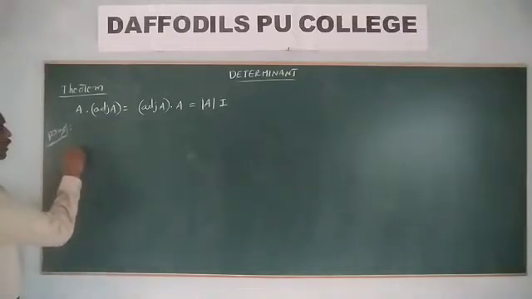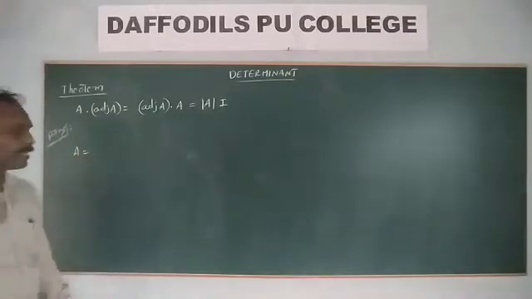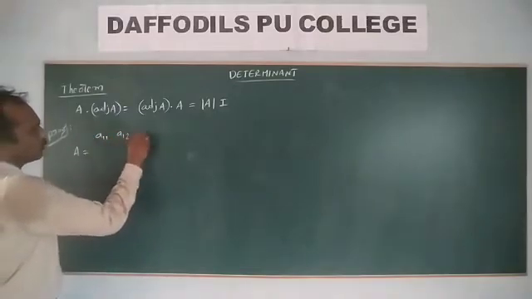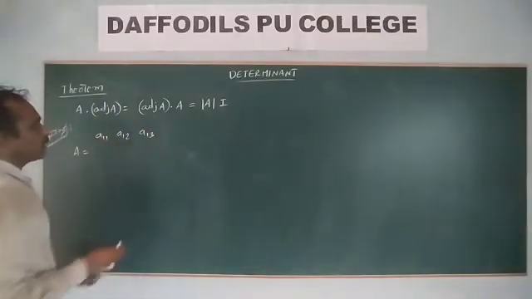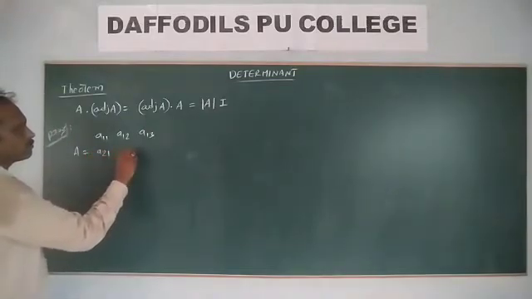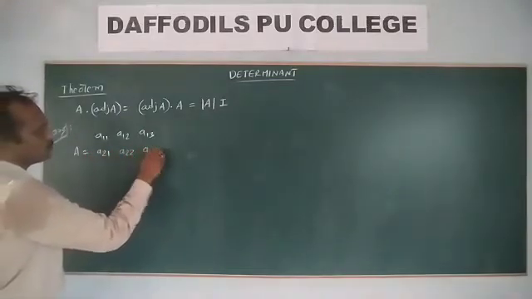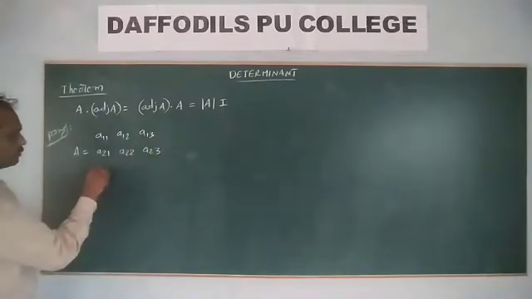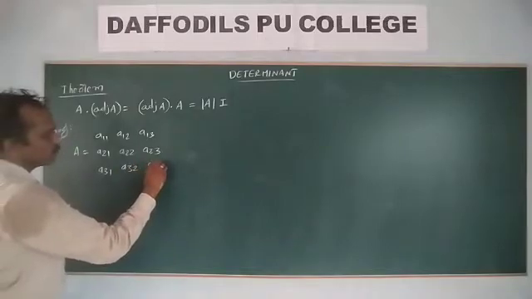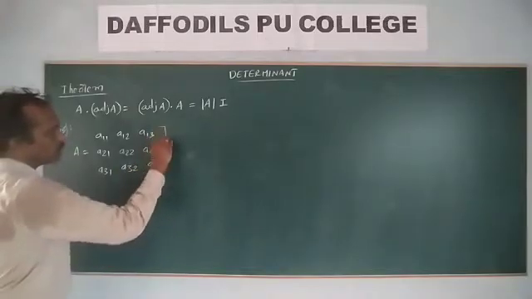Okay, let us take A is equal to the 3 by 3 matrix A11, A12, A13, A21, A22, A23, A31, A32, A33.